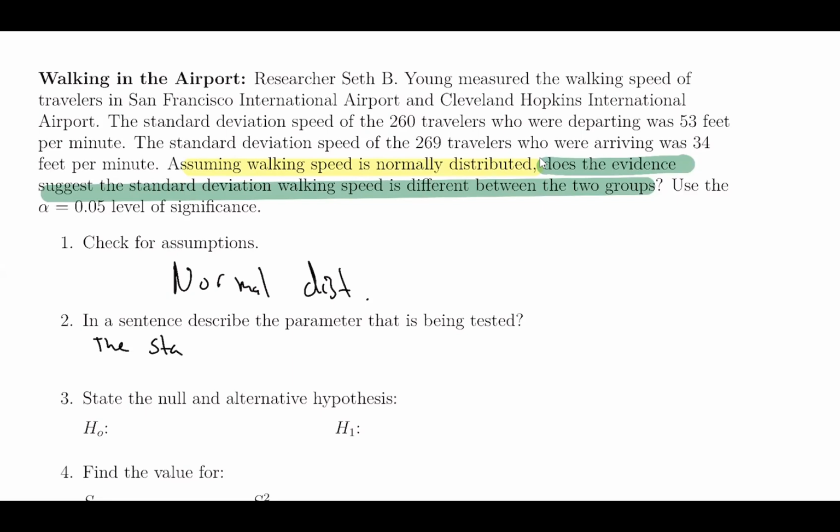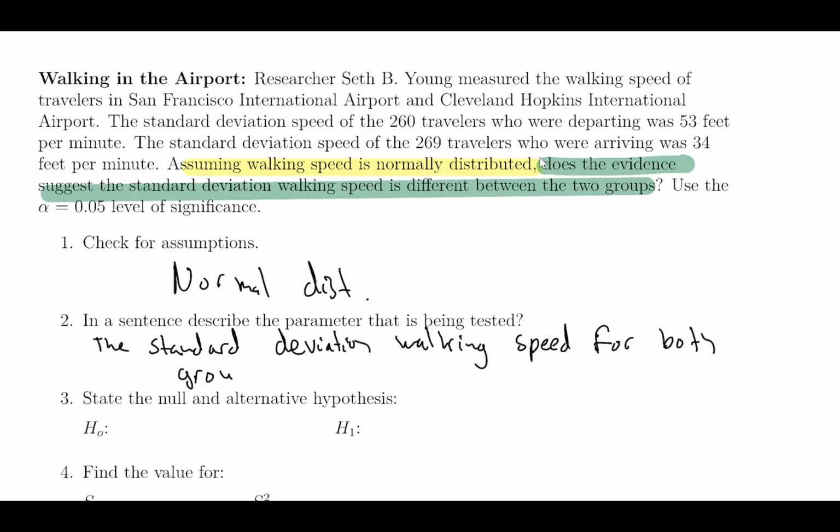The standard deviation. All right, so that's step 2. So step 2, it says the standard deviation walking speed for both groups. So that's what we're testing.